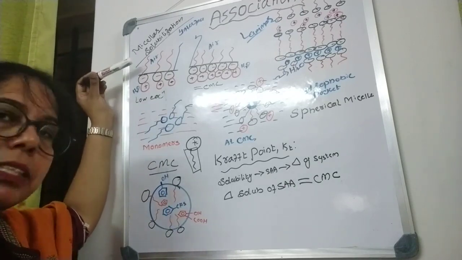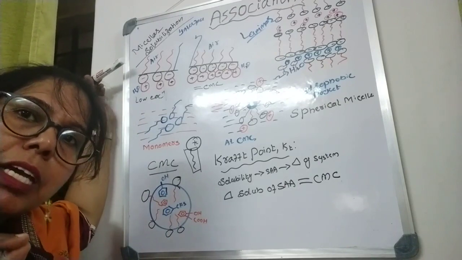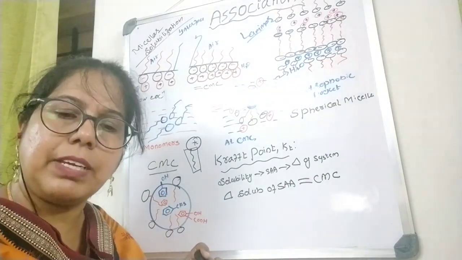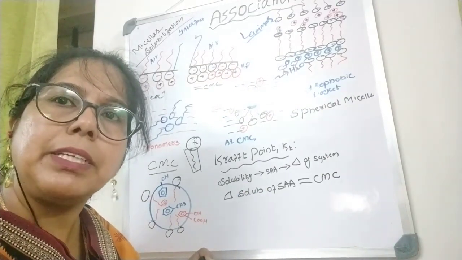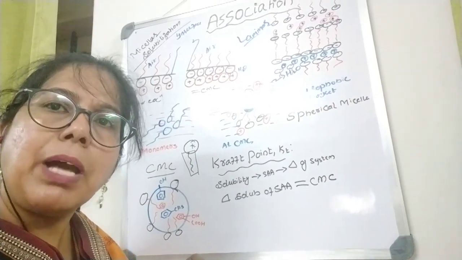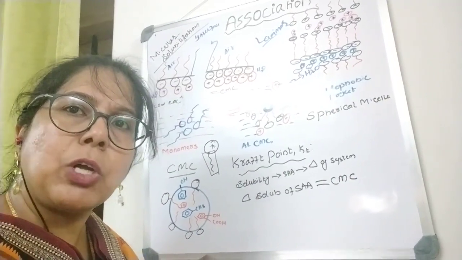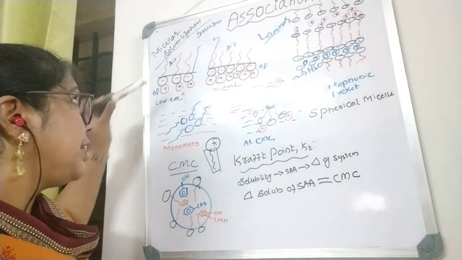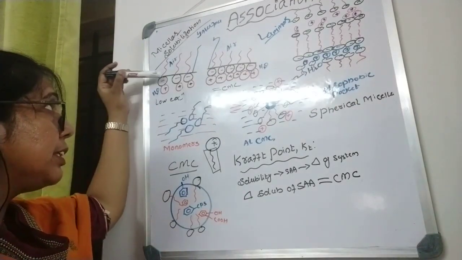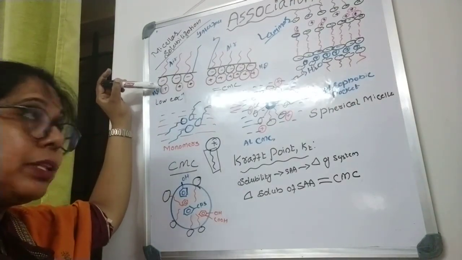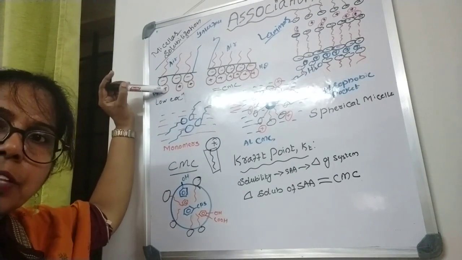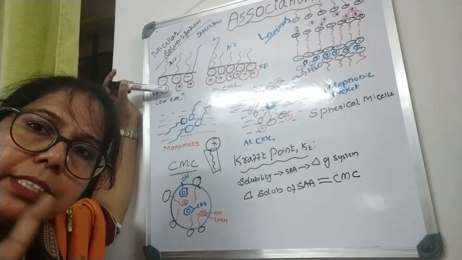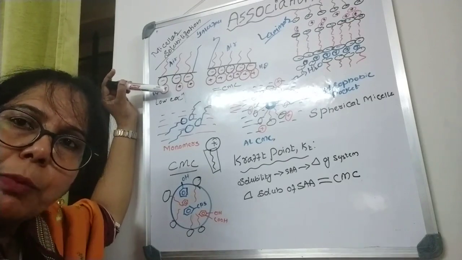At the beginning, at lower concentration, it will get adsorbed. Here you can see the monomers get adsorbed to the particles at the interface. Adsorption is a superficial surface phenomenon.